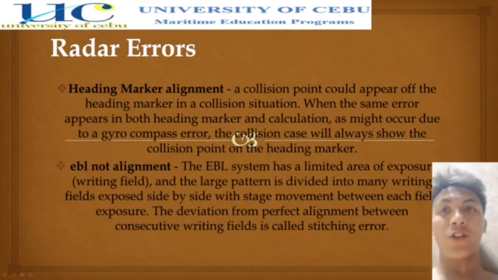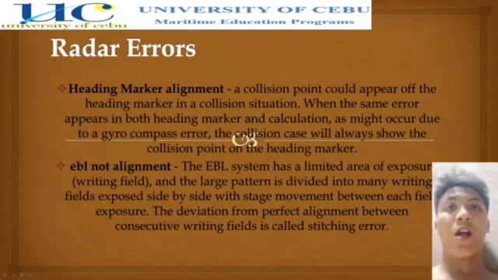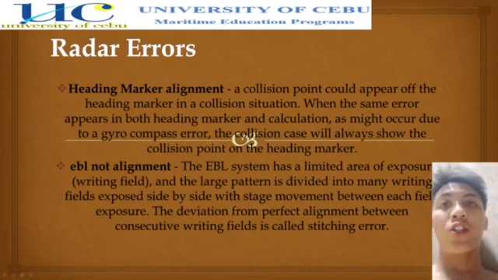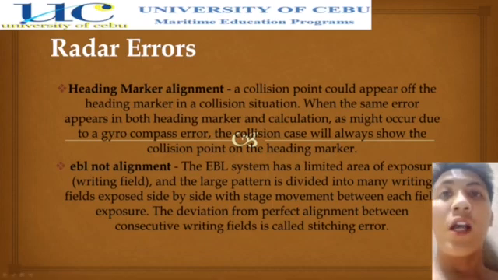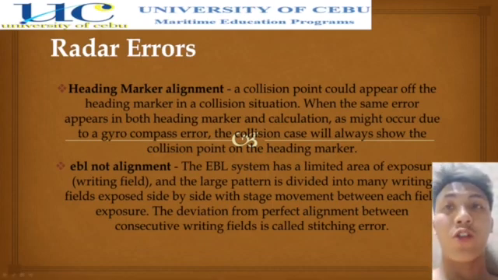Radar errors. Heading marker alignment: a collision point could appear off the heading marker in a collision situation. When the same error appears in both heading marker and calculations, as might occur due to a gyro or compass error, the collision case will always show the collision point on the heading marker.